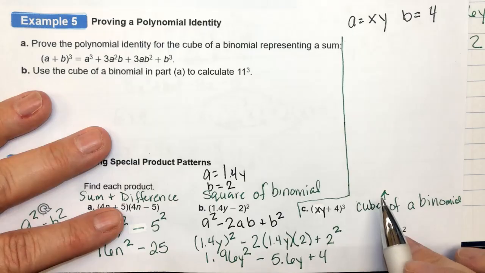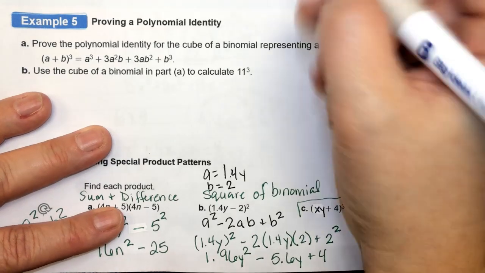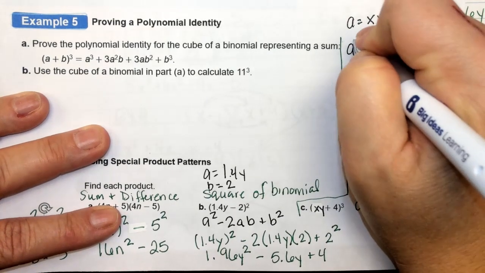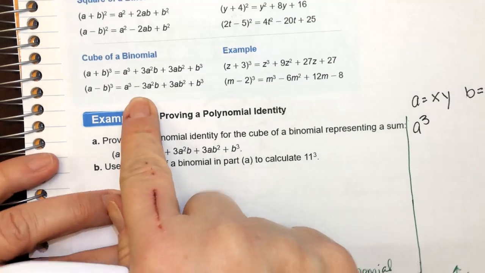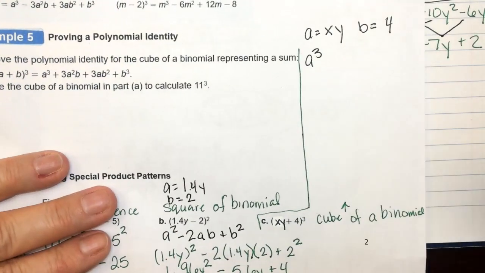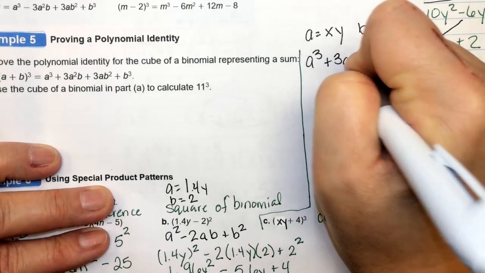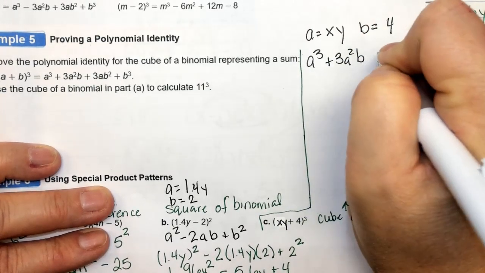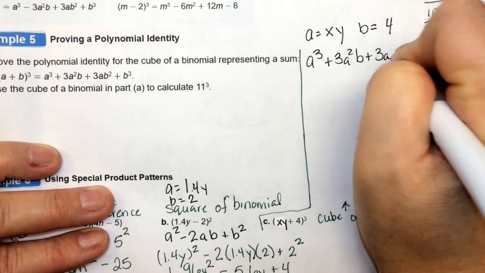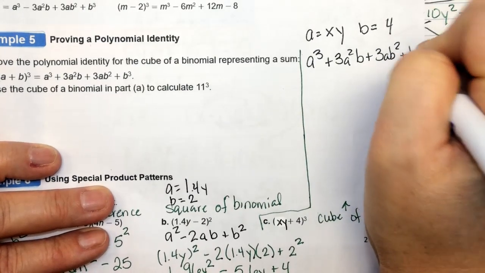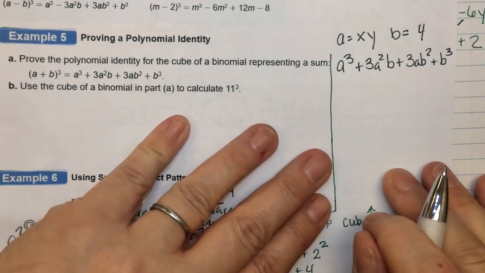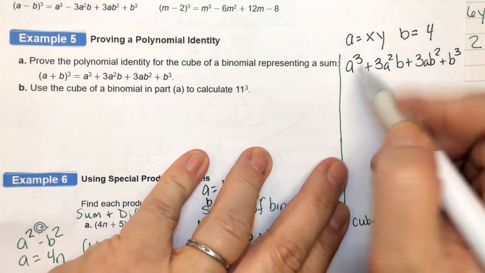So we're going to use the cube of a binomial. The cube of a binomial says A cubed, and I'm just getting this from this right here. So it says A cubed plus 3A squared B plus 3AB squared plus B cubed. All right, so now we're just going to plug in our information.